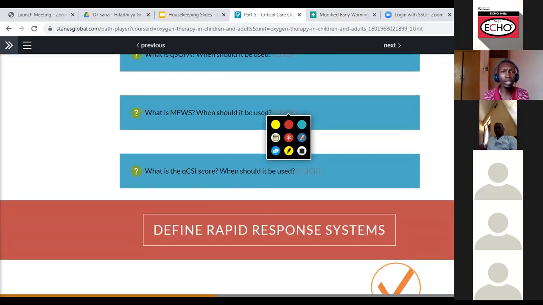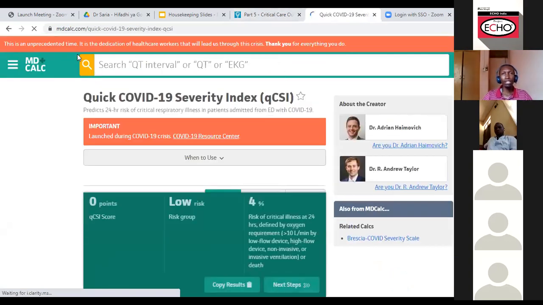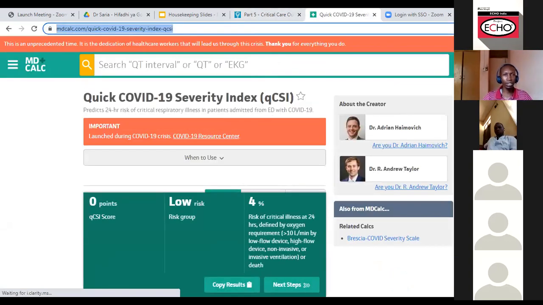So we have again the quick COVID-19 severity index score. So also a similar sort of score, but specifically for COVID-19 patients.